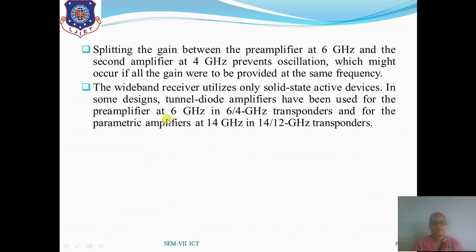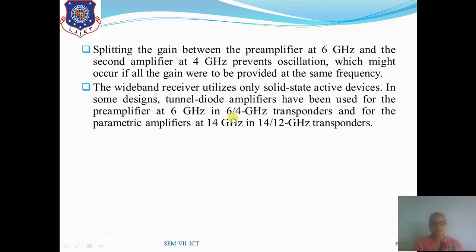So whenever we are working with these two bands, that is C band and KU band, for these two different frequency bands we need different wideband receivers with different conversions of the transponders, right? And the amplifiers will also be different. Here at 6 GHz a tunnel diode amplifier will be used for amplification purposes, whereas for 14/12 GHz transponders, that is in KU band, parametric amplifiers will be used, right?